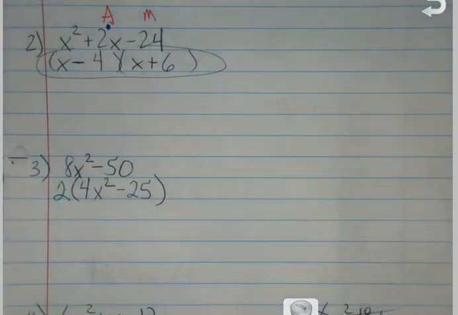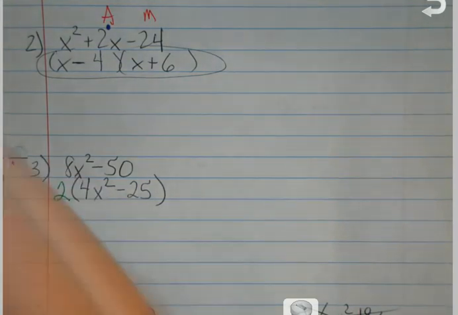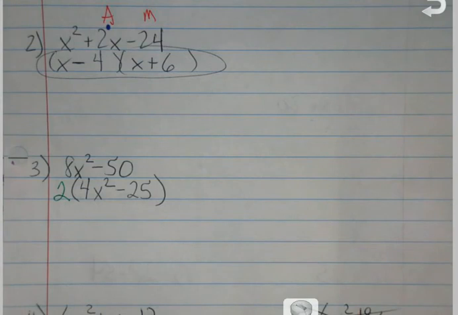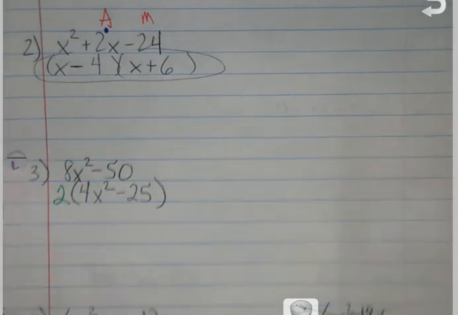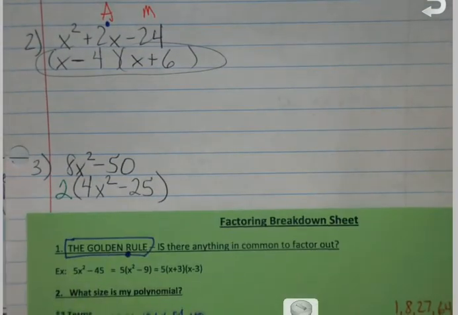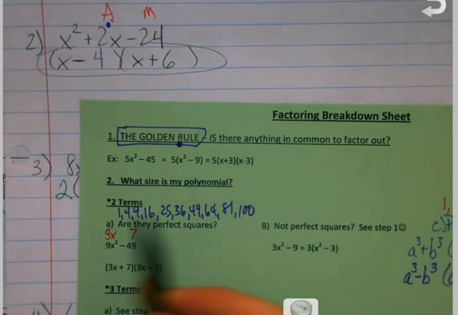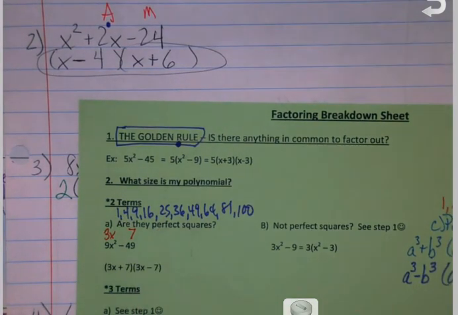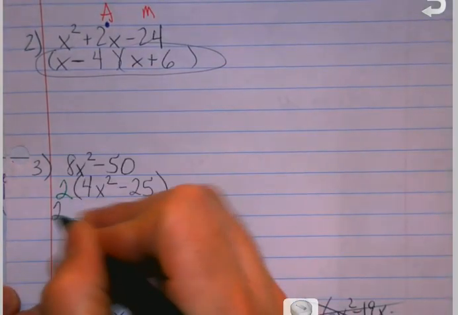And before you circle it and say, woo, that's done, I look and I'm like, wait a minute, there's only 2 terms there. I've seen those numbers somewhere before. Oh, 4 and 25. They're perfect squares. So the 2's still going to be there.